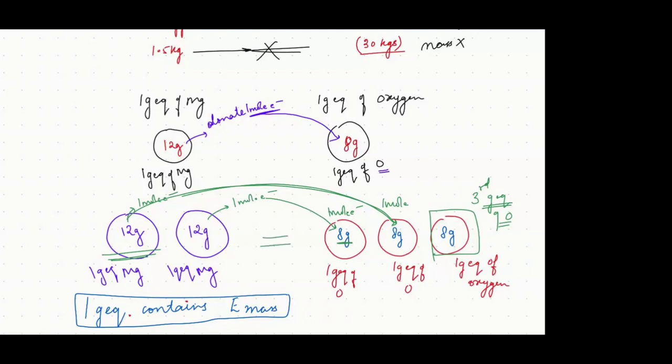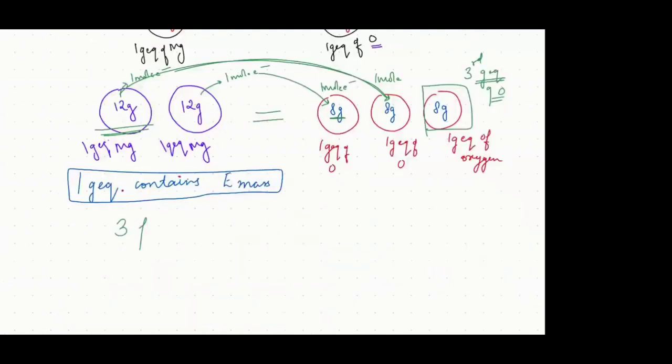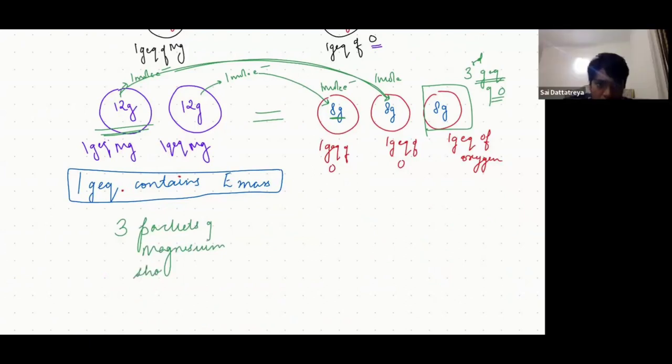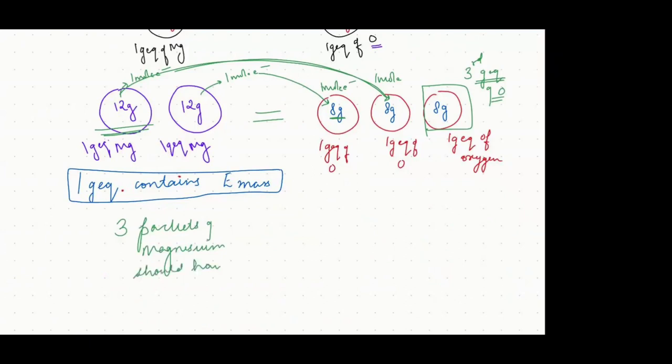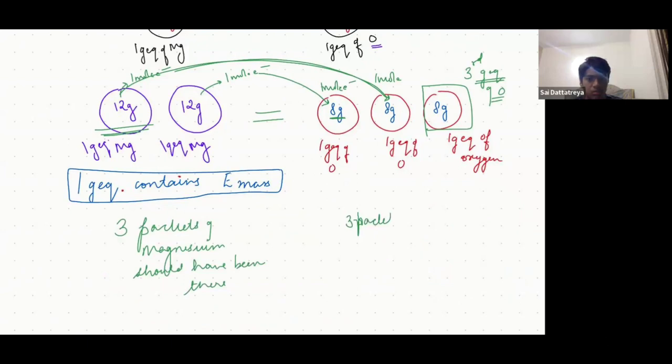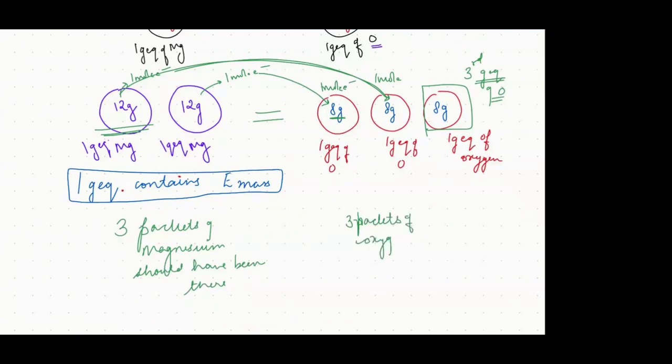That means 3 packets of magnesium should have been there. Yes or no? And here, 3 packets of oxygen must have been there. Yes or no?